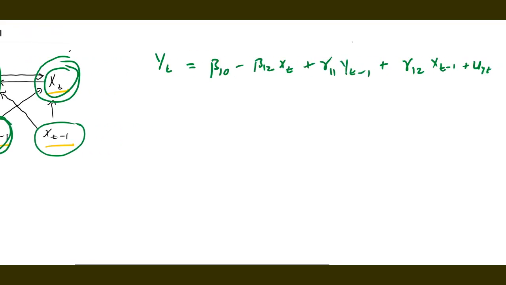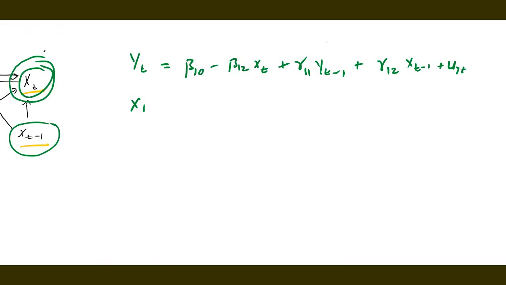So that equation can be written as xt is equal to beta 20 minus beta 21 yt plus gamma 21 yt minus 1 plus gamma 22 xt minus 1 plus uxt.